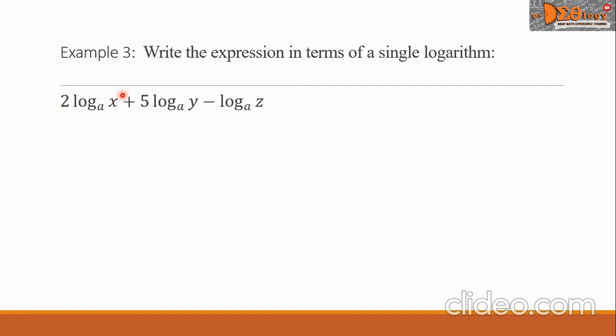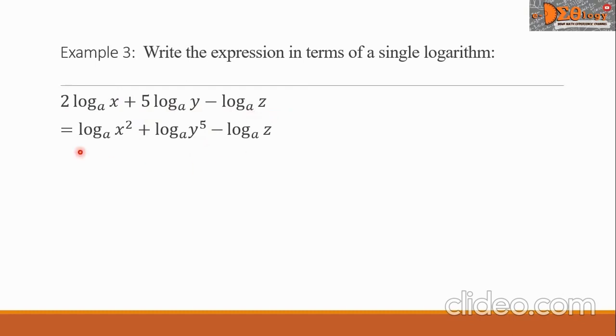So let us write the problem again into log of x squared. Number 2 becomes the exponent of x to the base a, then plus the log of y raised to 5. Now the constant 5 becomes the power of y. And this is again to base a, then minus the log of z to base a.